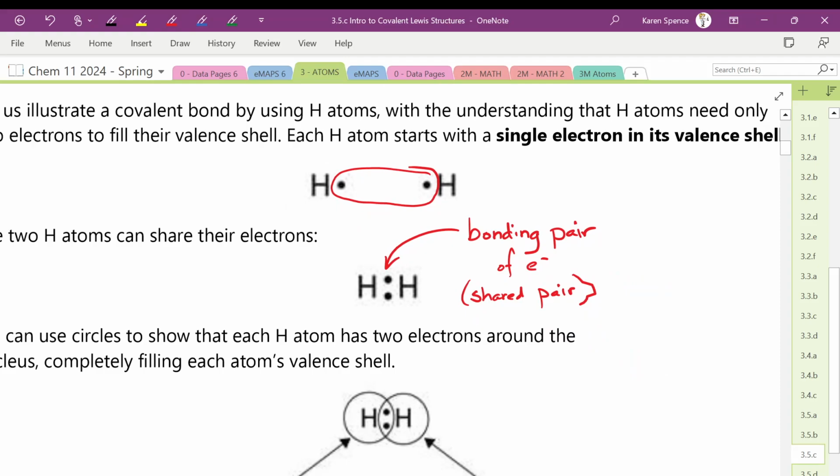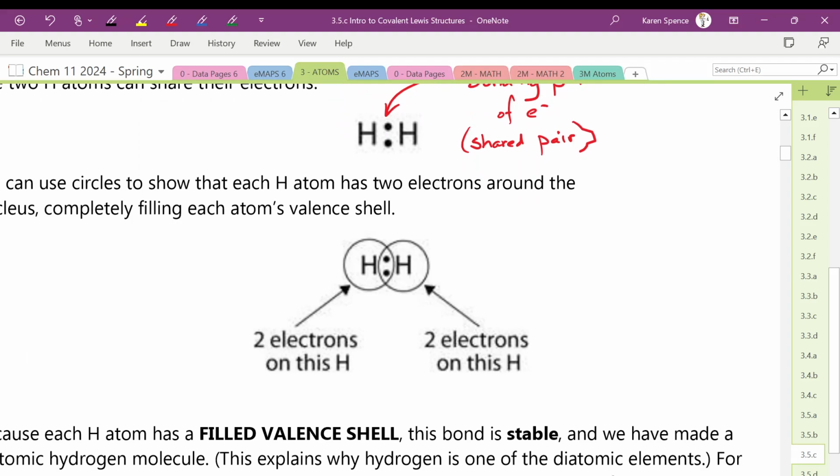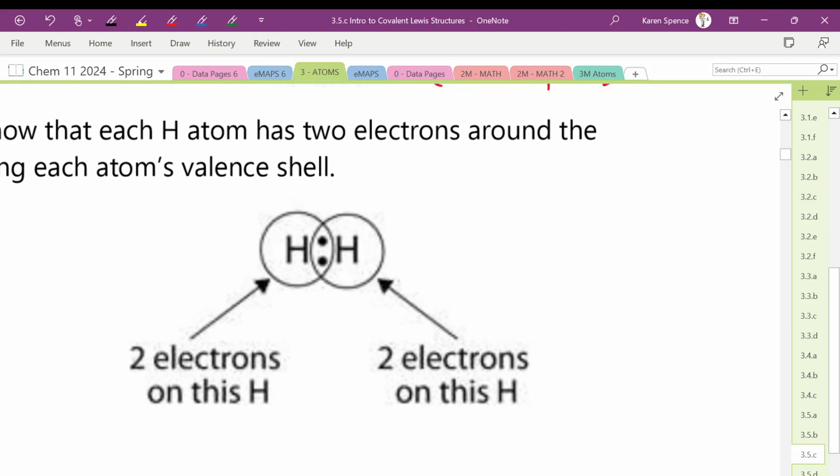Now, sometimes what they will do is they will show, and you're not going to be doing this for very long, okay, just in this first part where you're starting to understand it, a circle around hydrogen A to show that it has 2 electrons, and we'll put a circle around hydrogen B to show that it also has those 2 electrons.